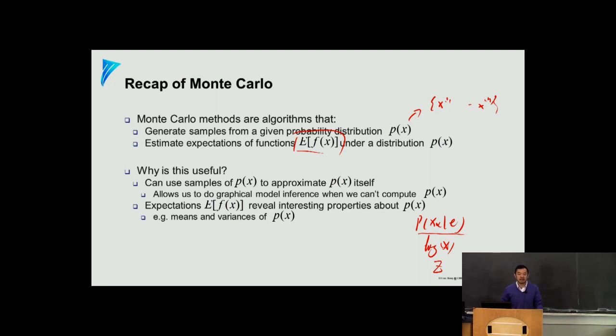I claim that they are the same thing. They actually all can benefit from sampling using the same technique. How do you see it? For example, this one equals what?